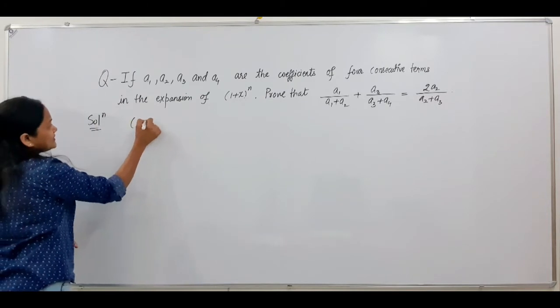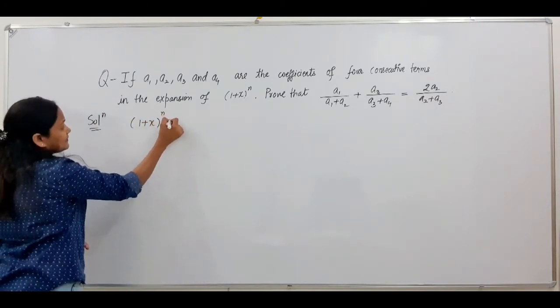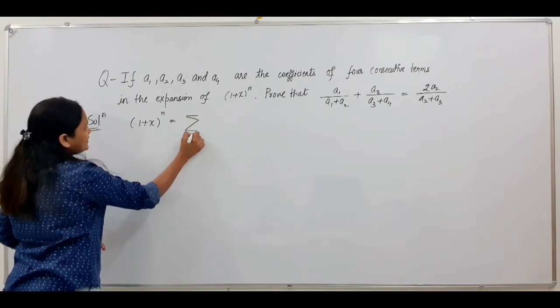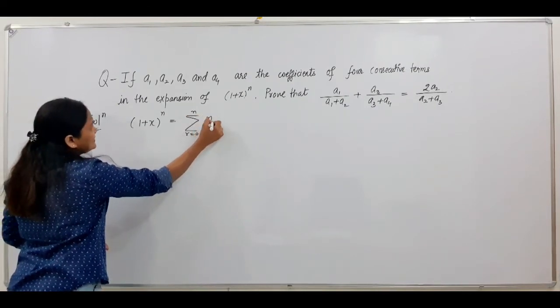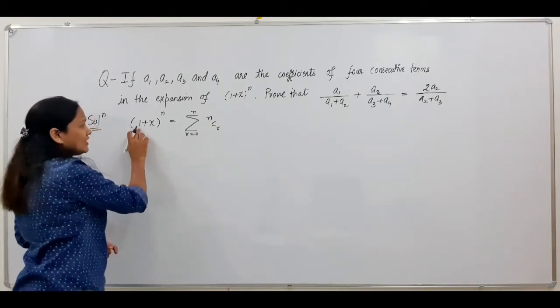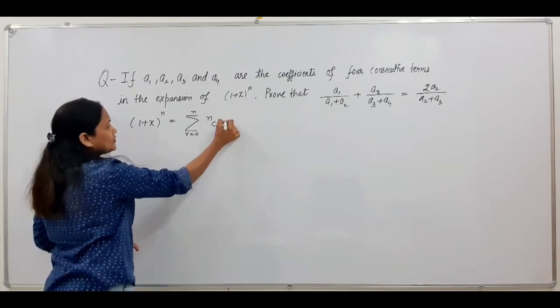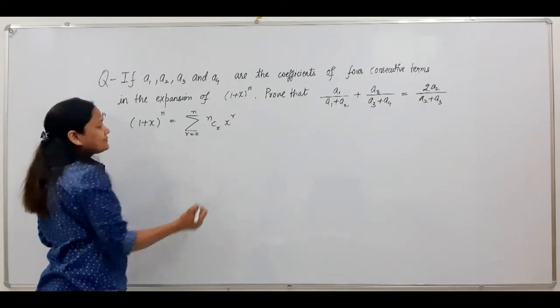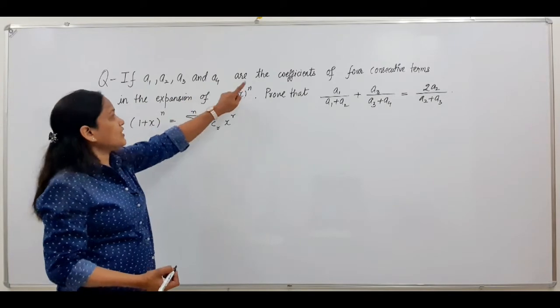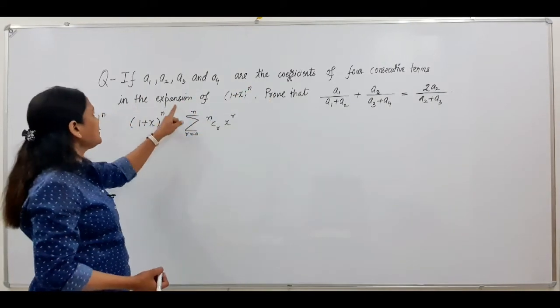Now (1 plus x) raised to power n can be written as summation r running from 0 to n nCr. Your x is 1, so you can ignore it, x raised to power r. Now A1, A2, A3 and A4 are the coefficients of 4 consecutive terms.